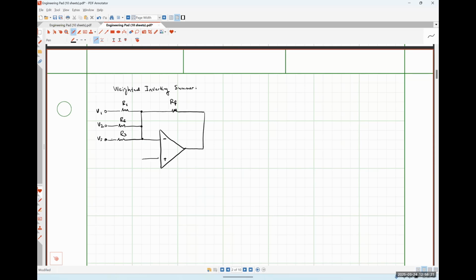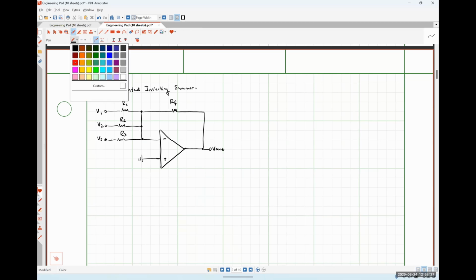I'm going to connect my non-inverting input terminal to ground like so. And I'm going to take my output voltage here at the output terminal, and it'll be measured with respect to ground.